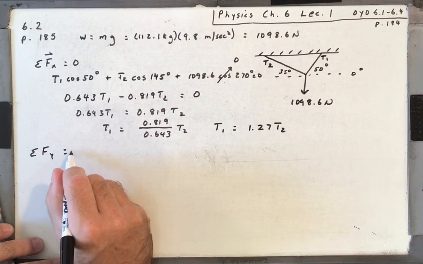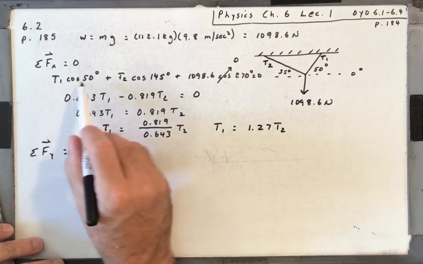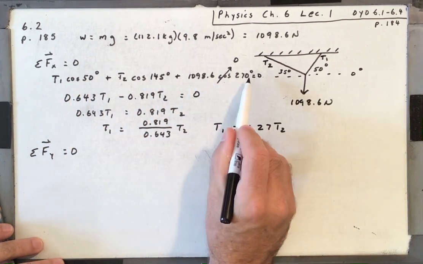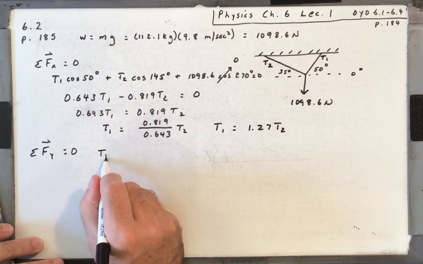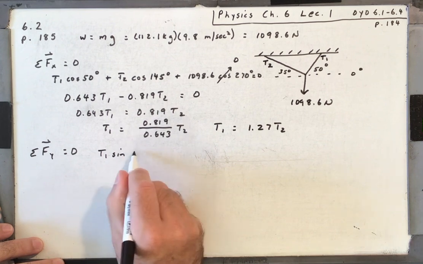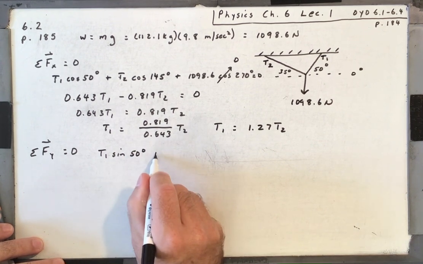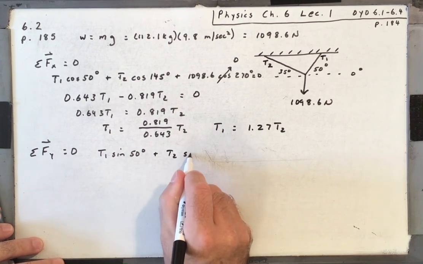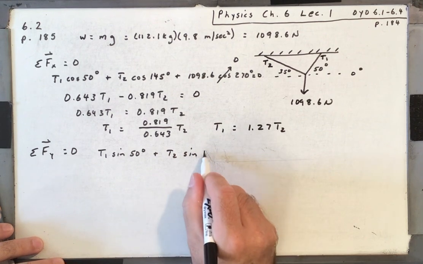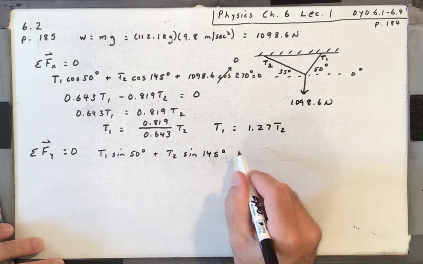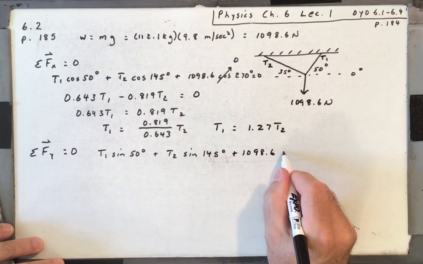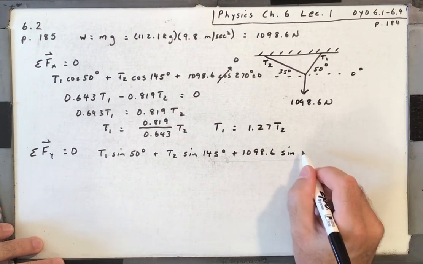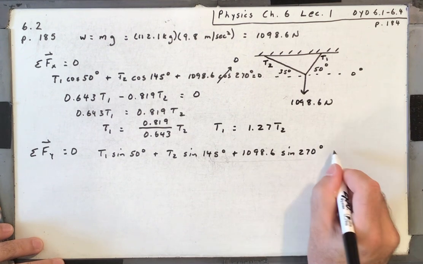So let's look at the y direction. We're going to go through the same process. We're just going to substitute cosine with sine. So T1 sine 50 plus T2 sine 145 plus 1098.6 times the sine of 270 equals 0.